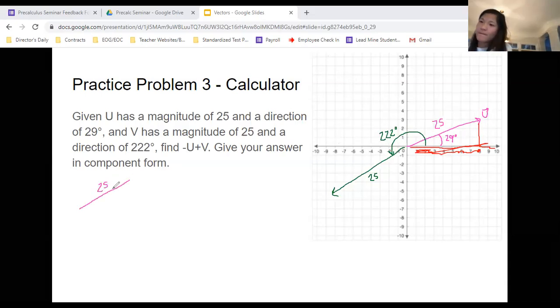So there's 25, there's my vector. Here's my 29 degrees, and my right triangle here. So to find, oh, this is not vector A. This is the y component.